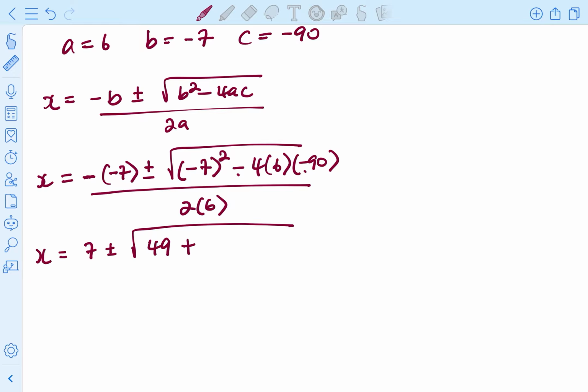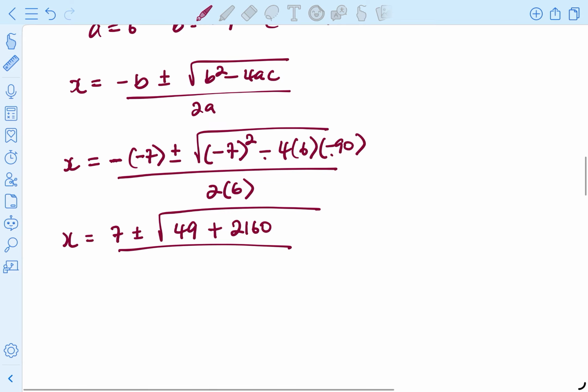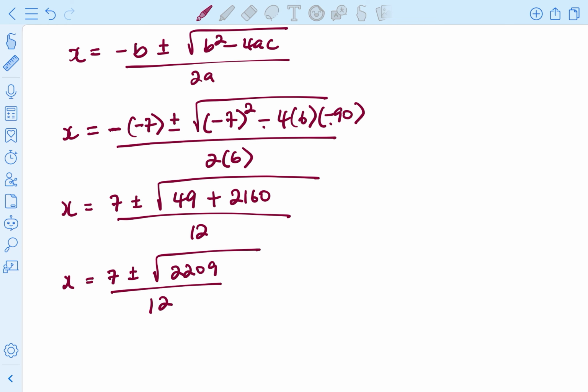Then you multiply 4 times 6 times 90, and you end up with 2,160. That's all divided by 12, right? And then we add 2,160 to 49. So x is equal to 7 plus or minus the square root of 2,209 divided by 12, right?